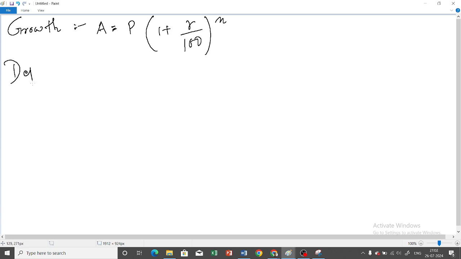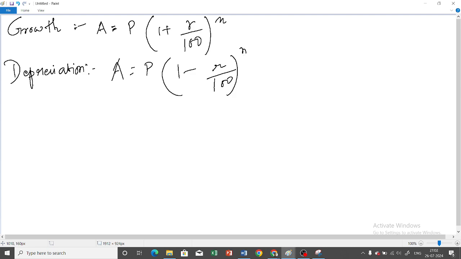Depreciation is A is equal to P into 1 minus R by 100 whole to the power n. Of course, depreciation, so negative, minus.